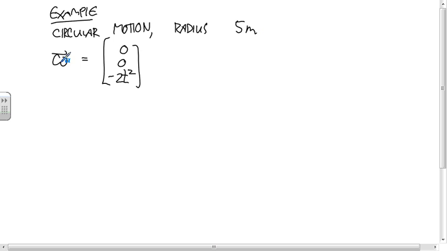Okay, the angular velocity is in the negative z direction. That means that the motion is in the xy plane. And since it's the negative z direction, the right-hand rule says the motion is clockwise. This is just more information that's given in the problem.